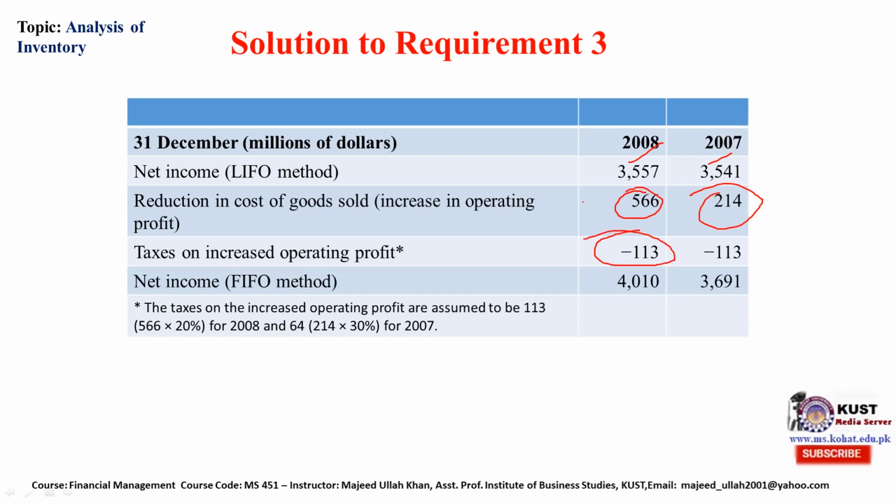When we apply 30% to 214, sorry, this was a typo, we will have to calculate it again, which is 214 multiplied by 30%, this is 64.2.